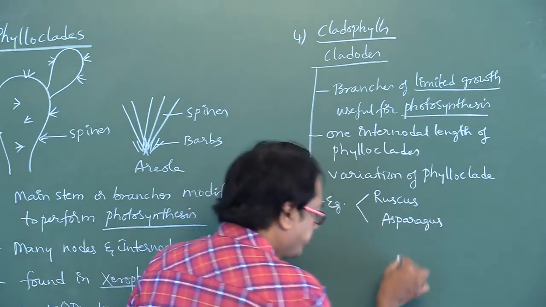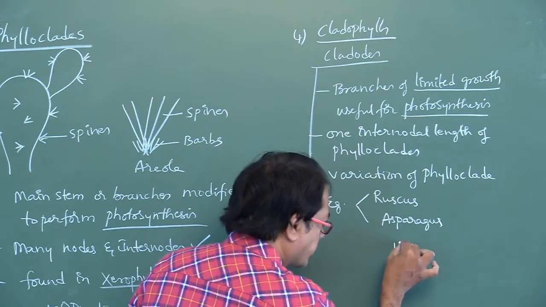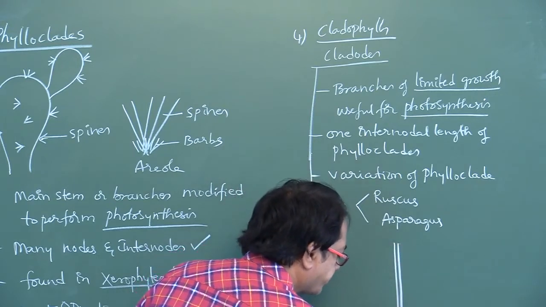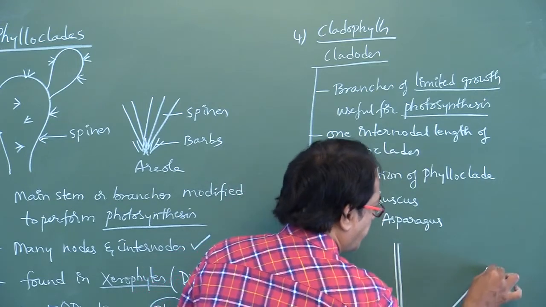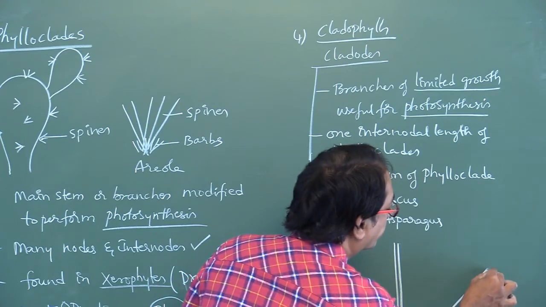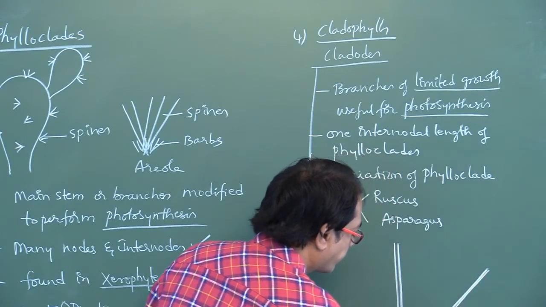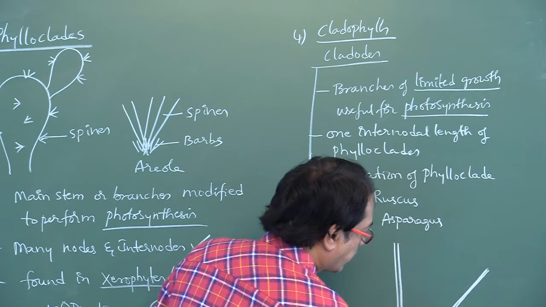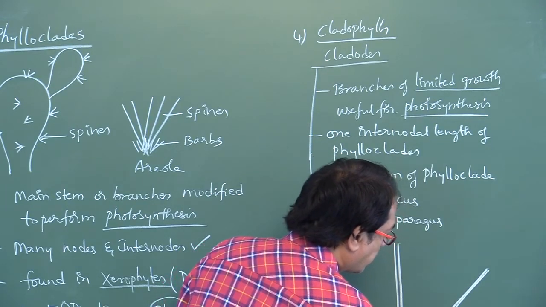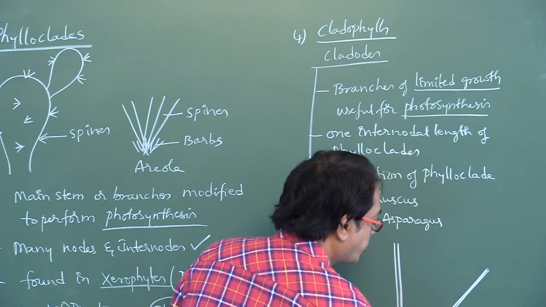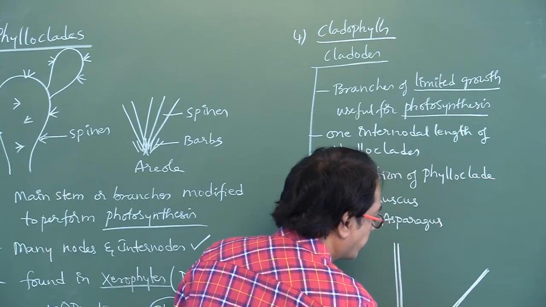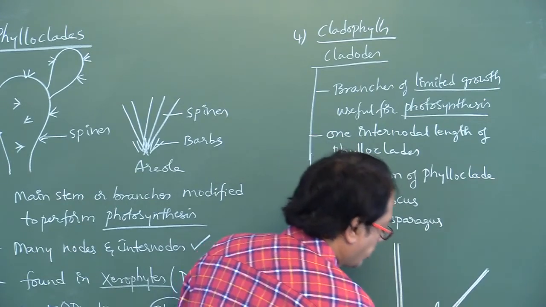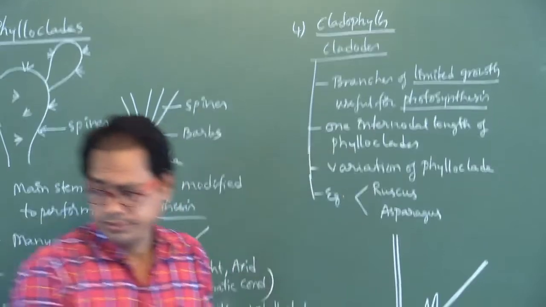Let us see the diagram. This is the main stem. This is the branch. Okay. Now these are the limited branch.